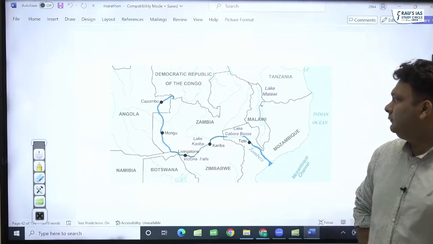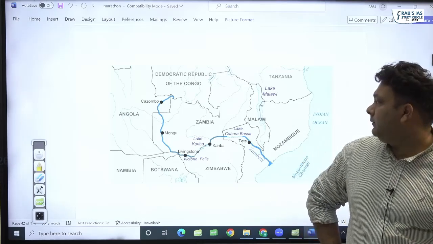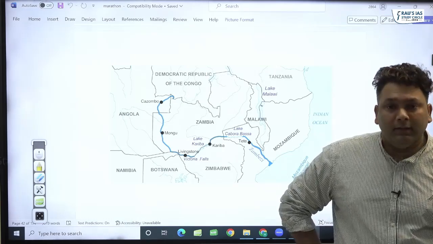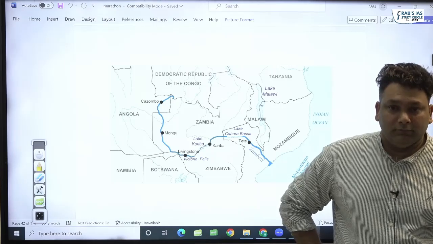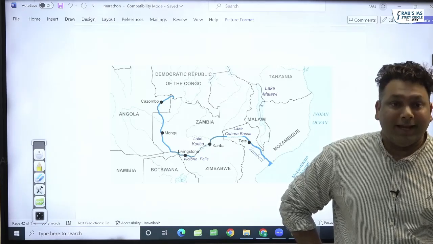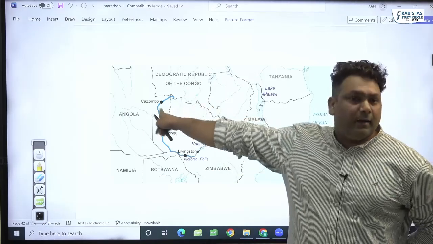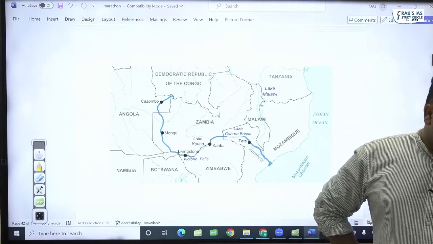Origin is Kalena Hills. Kalena, not Kalina or Kalana. Kalena Hills, in northwestern Zambia.